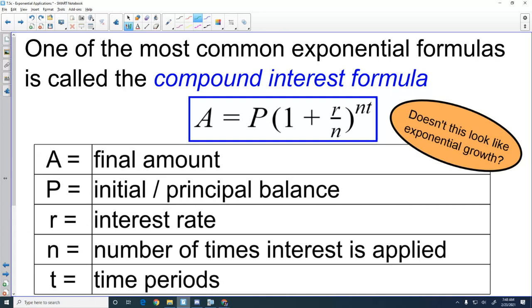Okay, so the new thing today that we're going to talk about is something called compound interest. And we kind of saw a little bit about that on that first problem with Spider-Man, where I was getting 10% interest, but after a year, I got interest on my interest, and that's what causes this exponential growth.